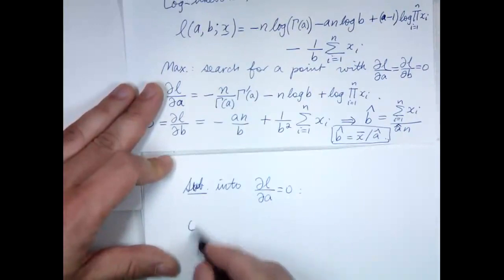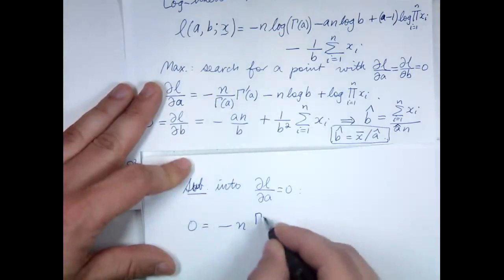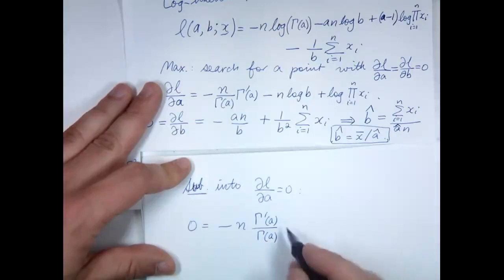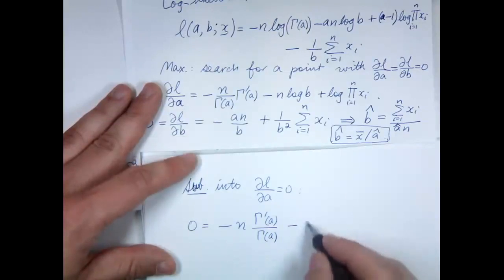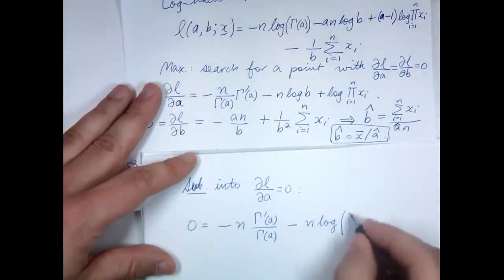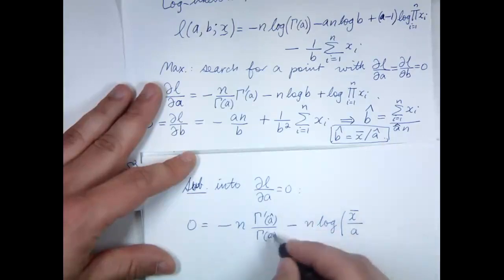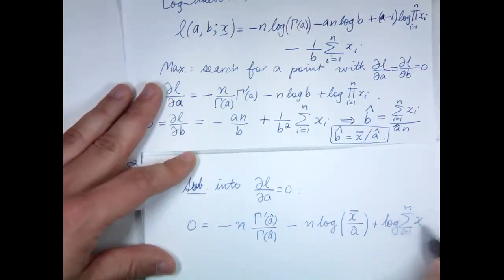We get 0 equals minus n, there's still this logarithmic derivative, gamma prime of a over gamma of a, minus n log, and I can substitute in this b that's been observed, x bar divided by a, all of this at the point a hat, plus log of the sum i equals 1 to n of xi.